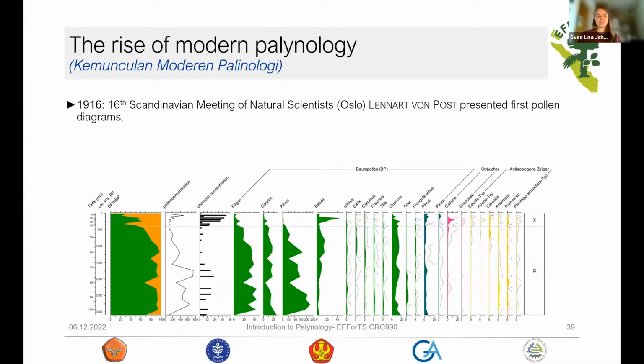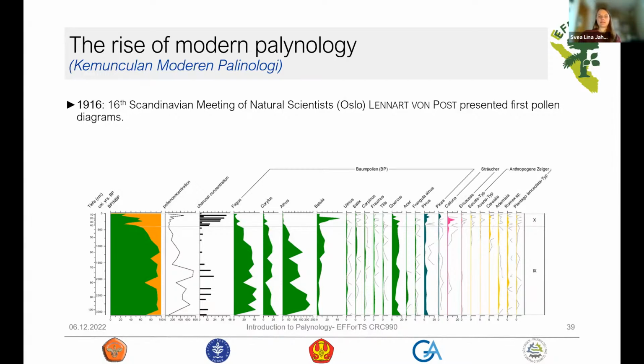Now we have developed already much further, and palynology itself actually started as a discipline in 1916 with the 16th Scandinavian meeting of natural scientists in Oslo. And here Lennart von Post actually presented the first pollen diagram.